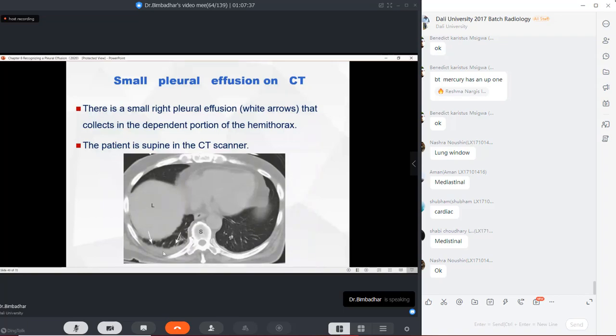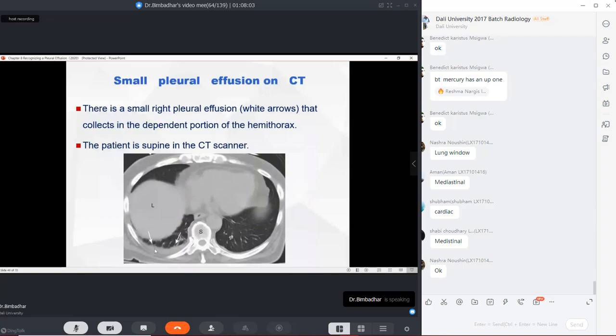So you see here, that is the dependent area, right? The patient is right now lying down in the supine position. And where did the fluid come down? The fluid came down to the posterior side because of the gravitational pull, and it settled in the dependent area. So in a CT scan, where do I look for the fluid levels? I will be looking down on the posterior side.